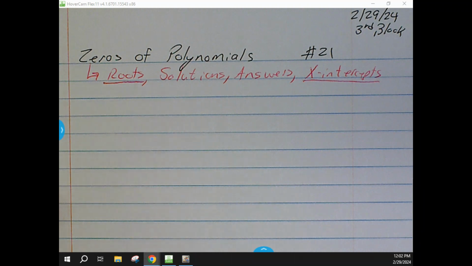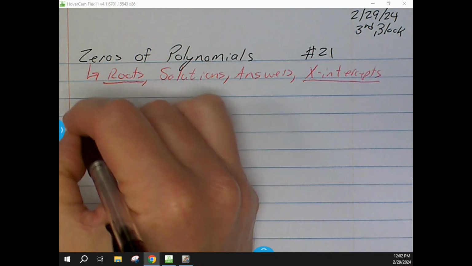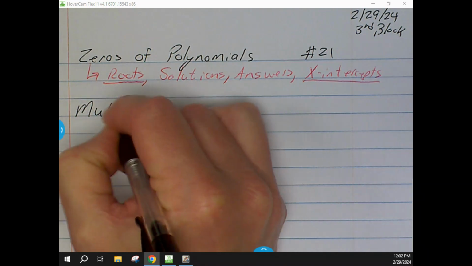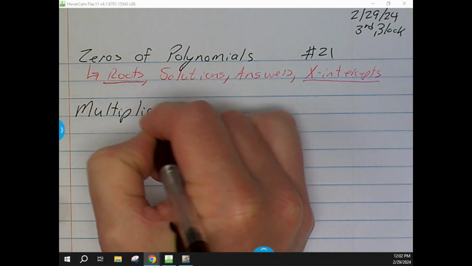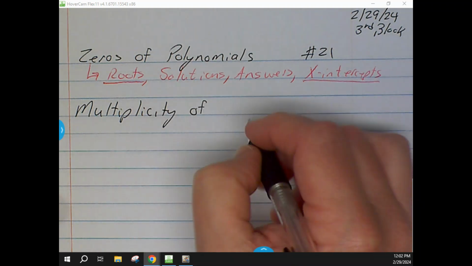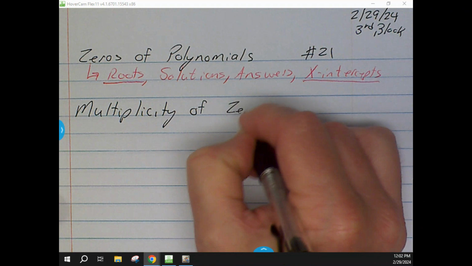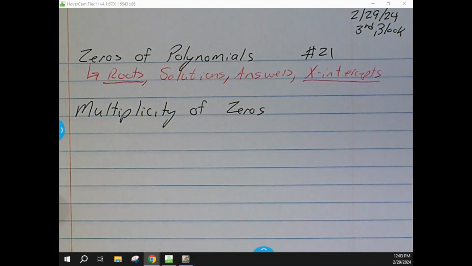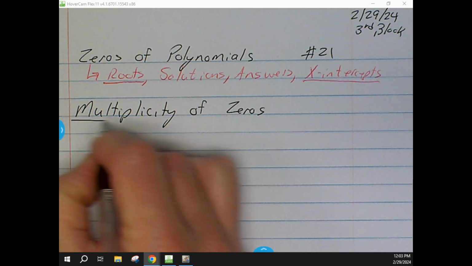Okay, so this one today we're looking a little bit more at graphs. We're going to talk about the multiplicity of zeros. Or again, sometimes they call them roots, but multiplicity of the zeros.